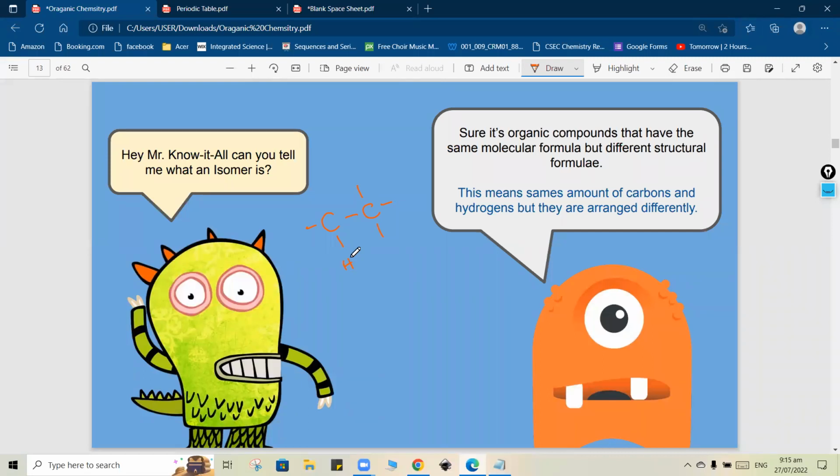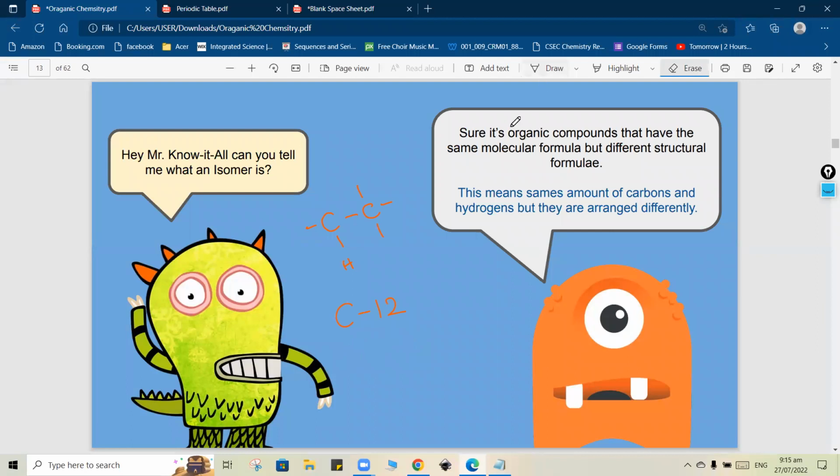But here's the thing. You can take these same carbons and hydrogens and rearrange them. Let's say something had 12 carbons and, let's just call it, 24 hydrogens. Let's just assume that.